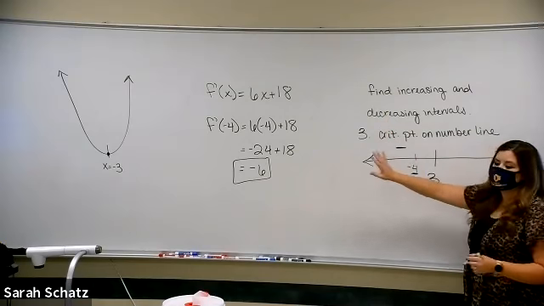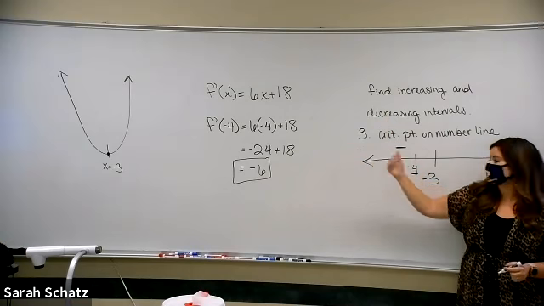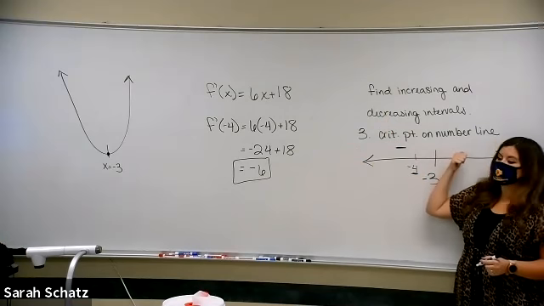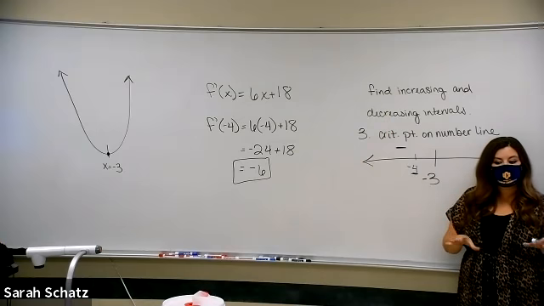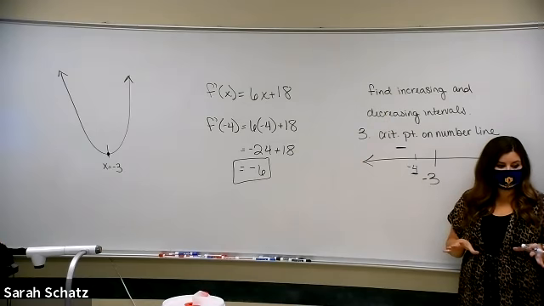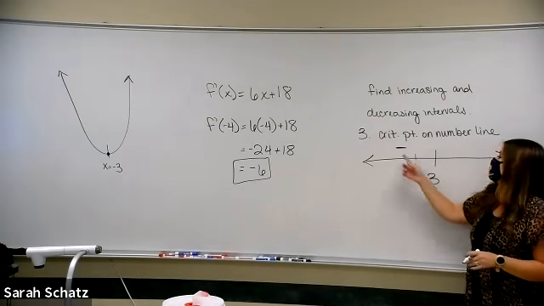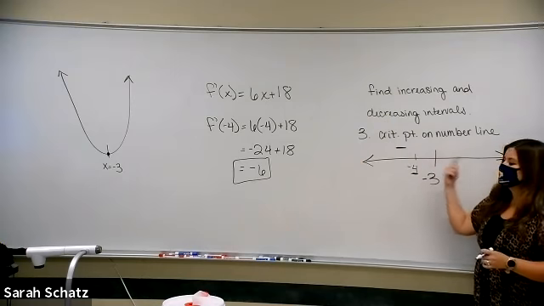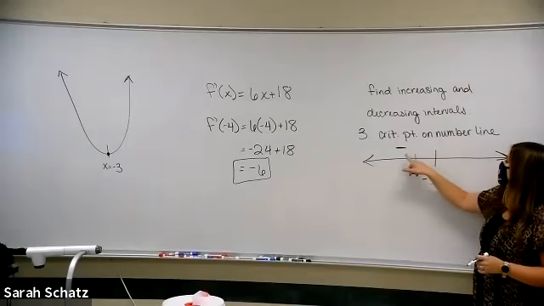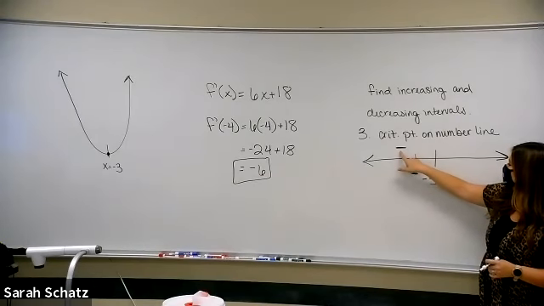Now, I know what this looks like. I know if this side is going down, the other side would have to be going up, because that's how a parabola works. But you don't know how the functions work all the time. So we test both intervals. We don't ever take it for granted that it's going to alternate.